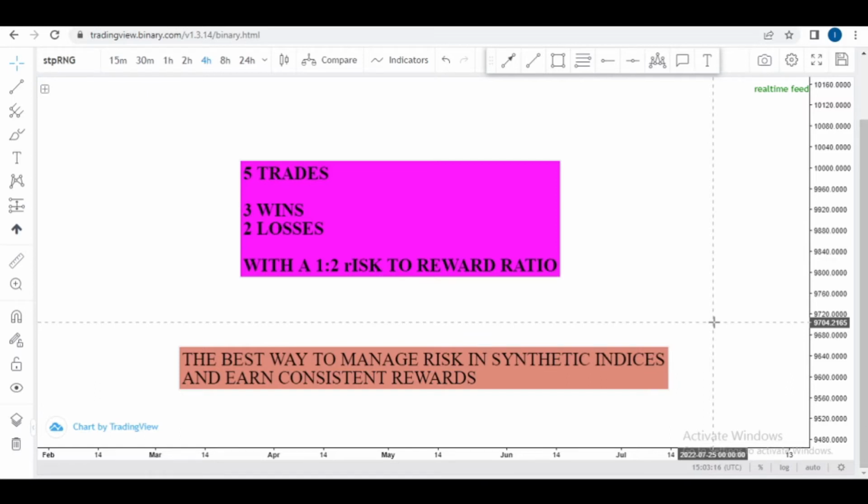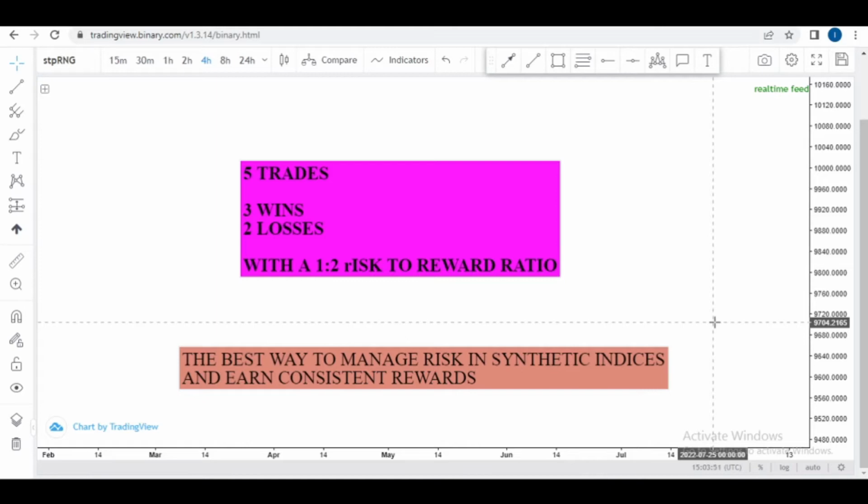And let's say the pairs you actually traded were, for example, VIX 70S, the jump 10, the VIX 50, the VIX 70, and the VIX 50S. And let's say you won the VIX 70S, you won the jump 10, and you won the VIX 50. And let's say you lost VIX 70 and VIX 50S.